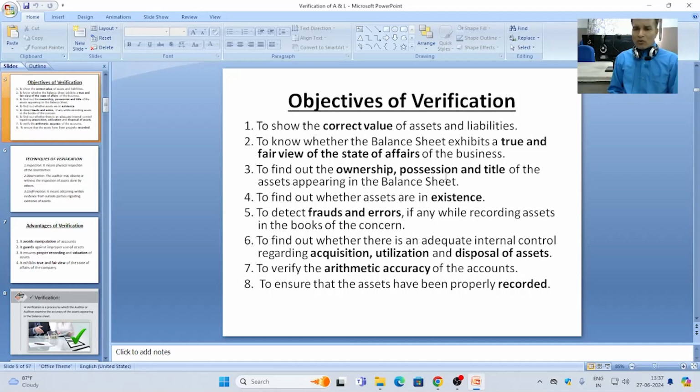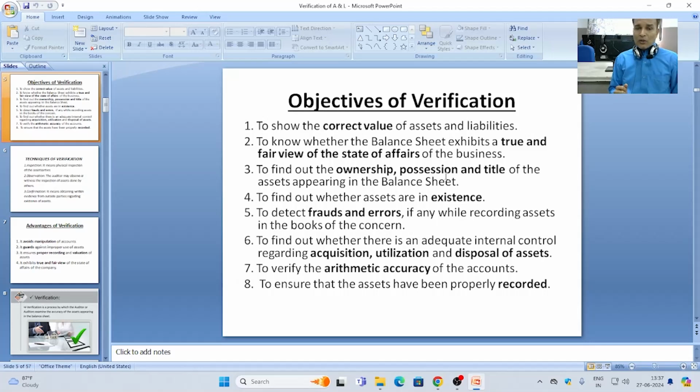Sixth, to find out whether there is adequate internal control existing in the client firm, and whether the internal control system is doing well regarding the acquisition, utilization and disposal of assets.